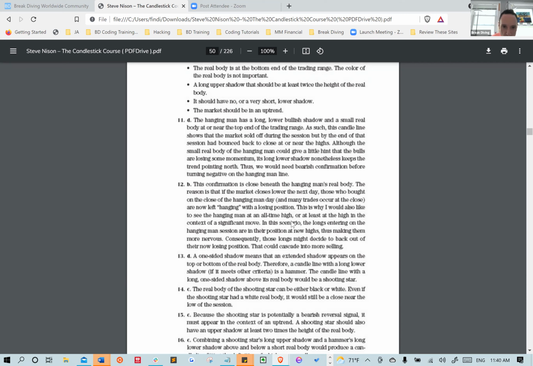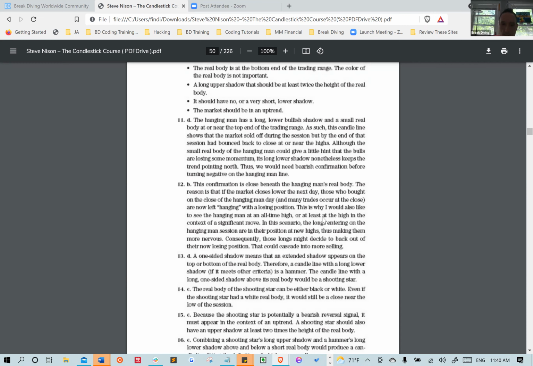This is why I would also like to see the hanging man at an all-time high, or at least at the high in the context of a significant move. So we should write that: hanging man near or at all-time high.